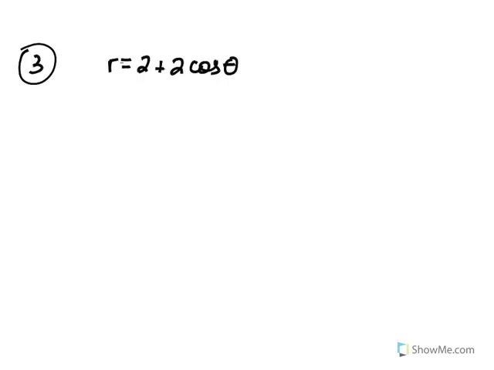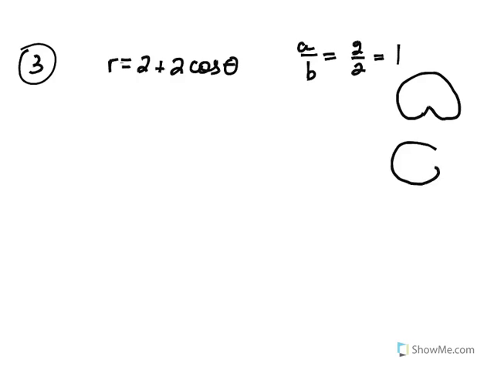Okay, example number 3. r equals 2 plus 2 cosine theta. When your ratio equals 1, then you don't get any inner loops, but you just get a heart-shaped graph. Sometimes it looks like this, or like that.